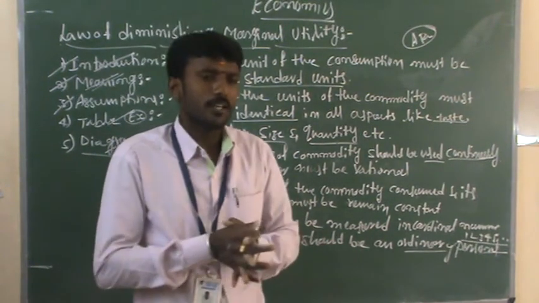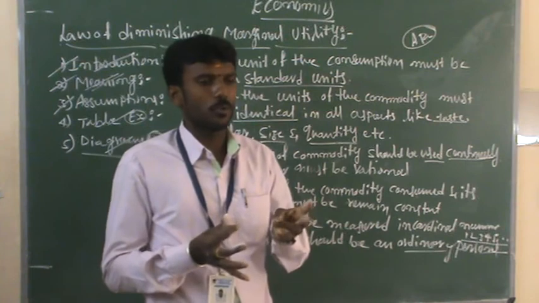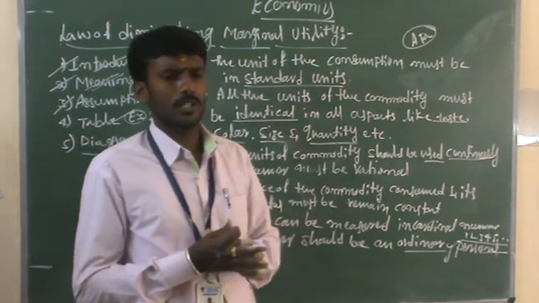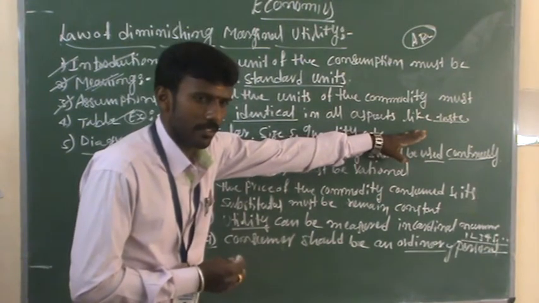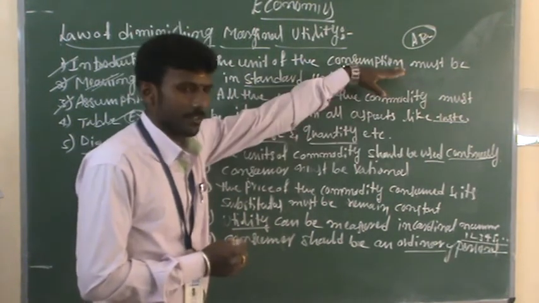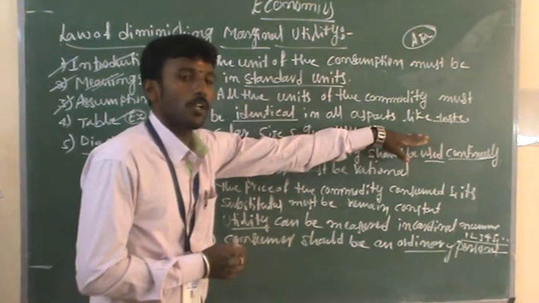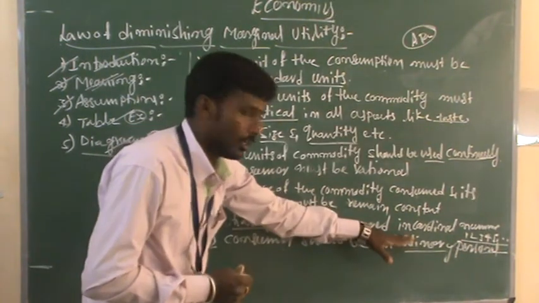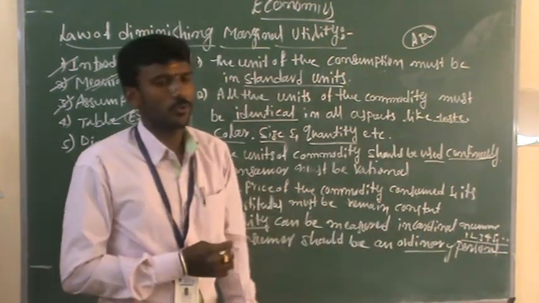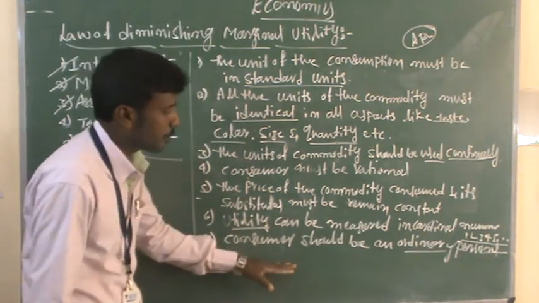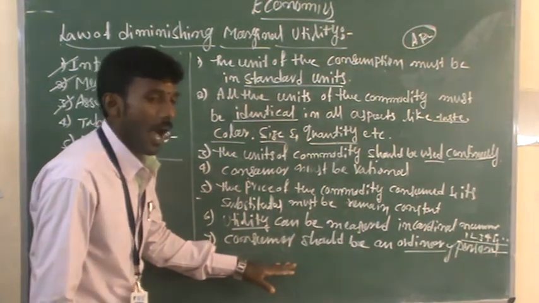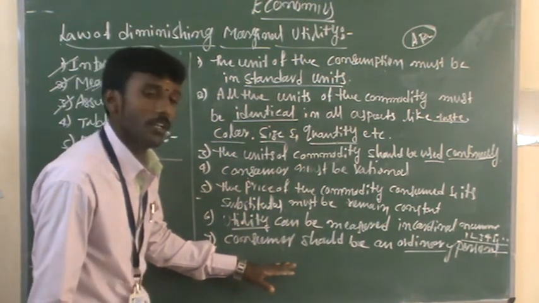Already you know cardinal numbers means 1, 2, 3, 4, 5 like that. See, already you know that after consuming goods the consumer gets utility. Now under this law, that utility we measure through cardinal numbers like 1, 2, 3, 4, 5. And finally, the last one: the consumer should be an ordinary person.